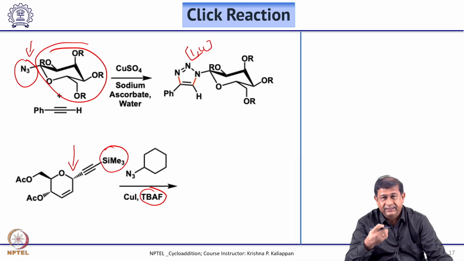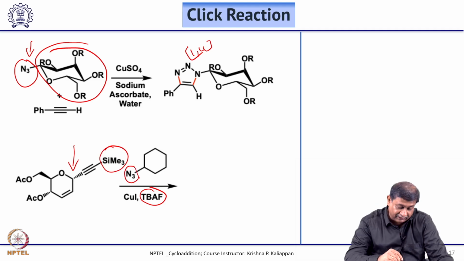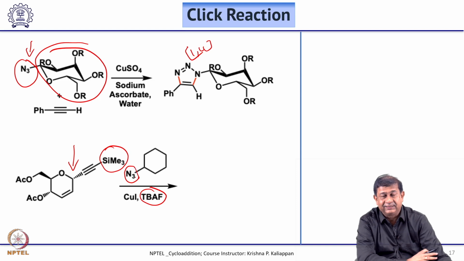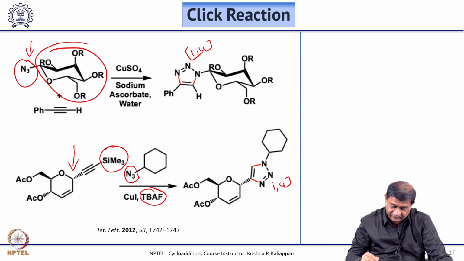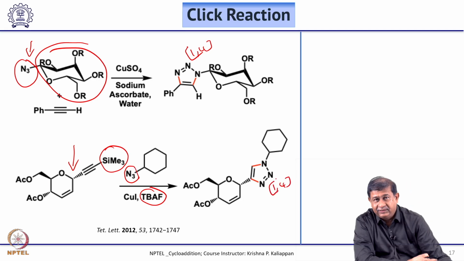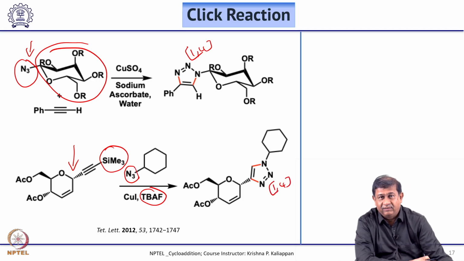So, that is how you generate the acetylene, and that undergoes the click chemistry with cyclohexyl azide to form this 1,4-triazole.